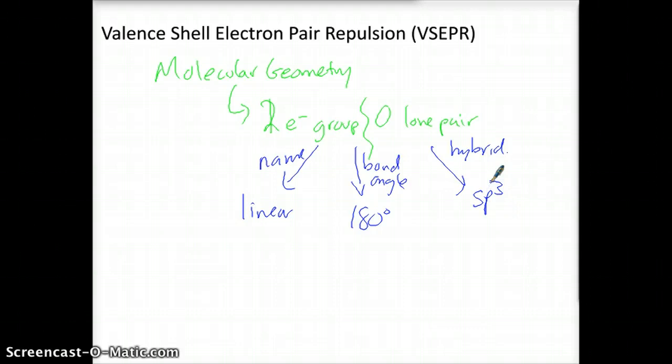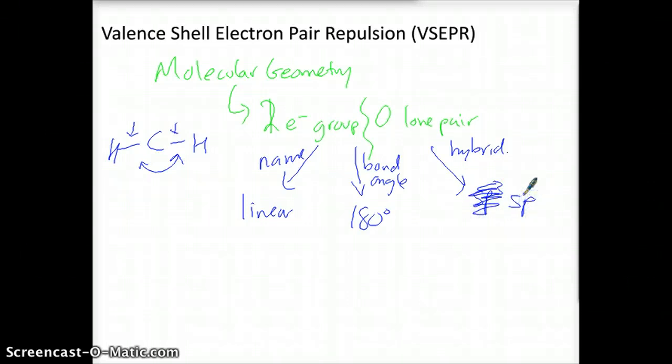I'm not going to go over them all right now, but I'll draw an example molecule of this. If it has 2 electron groups, something like CH, this doesn't exist, but this would be 2 electron groups, no lone pairs, 180 degree bond angle here, and sp hybridization.